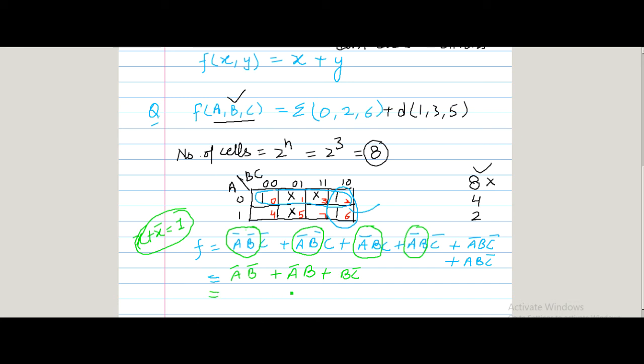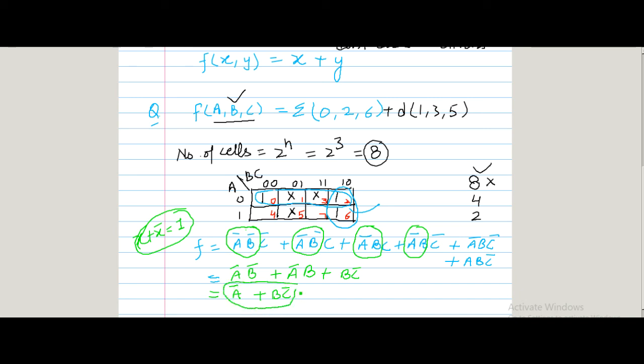So A complement, because B complement plus B will be 1, plus BC complement, and this is your final answer for this. I think it is very much clear to you, and if you have any questions regarding this, you can ask.